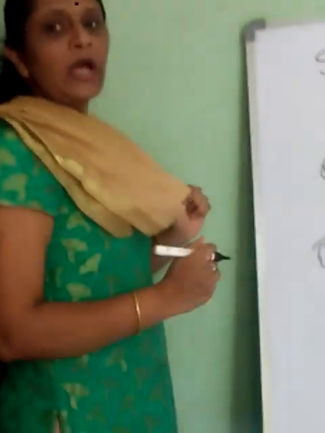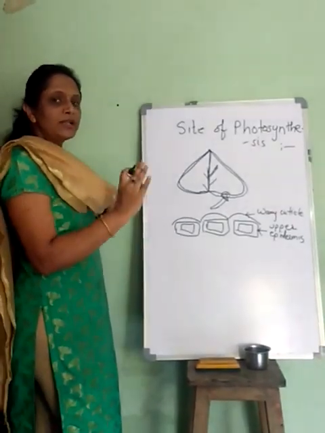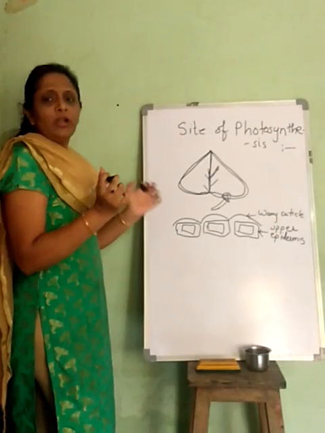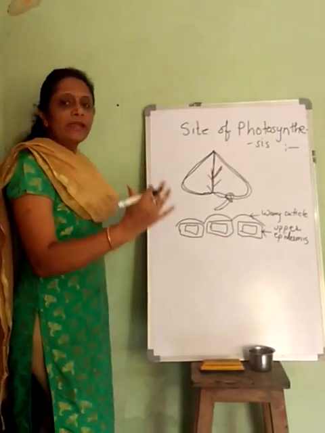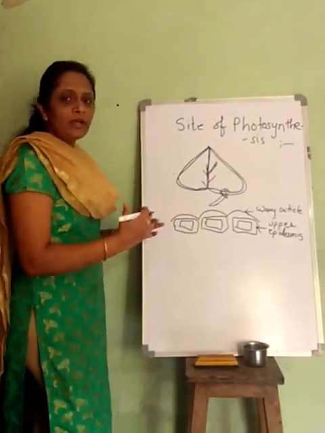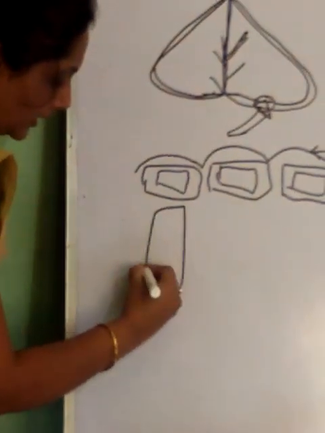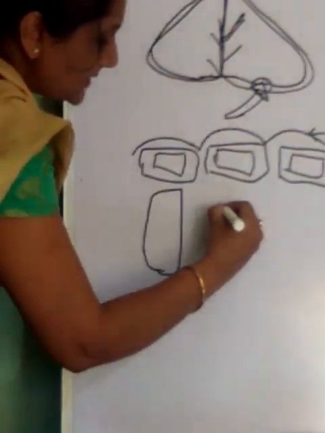Then below the upper epidermis, certain cells are present which have gaps between them. They are not tightly packed. These cells form a tissue called palisade tissue.